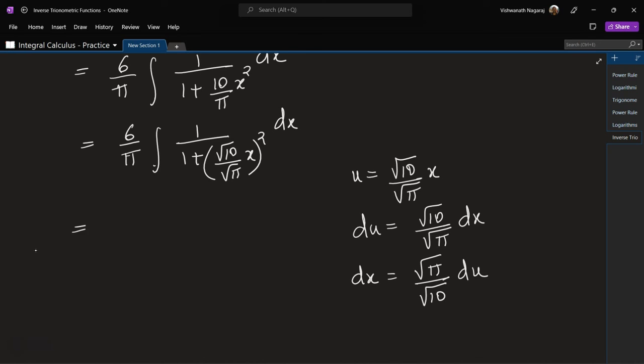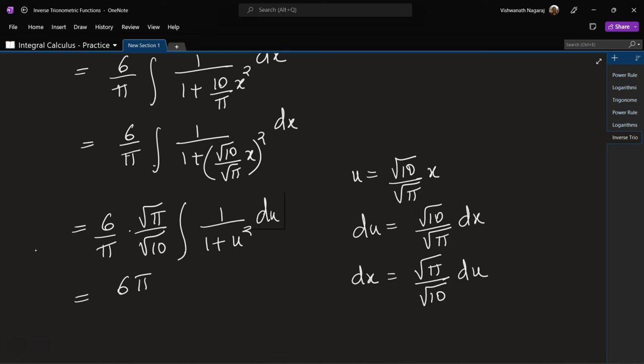Okay, so now let's do the substitution. 6 by pi, this square root of pi by square root of 10 can be taken out. So square root of pi by square root of 10 comes out. Integral of 1 by 1 plus u square du, which gives us 6 pi by pi square root of pi square root of 10.